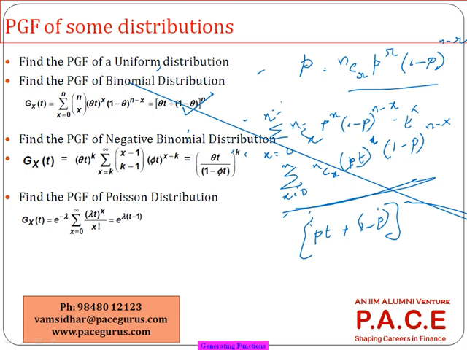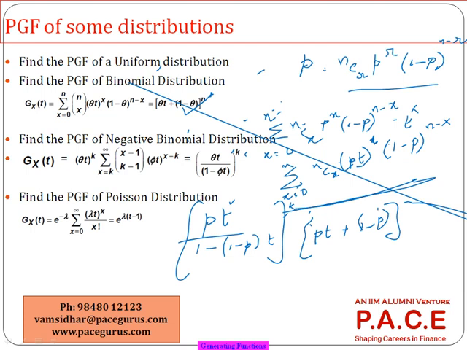The same thing with negative binomial. The derivation part is one thing, but from a general standpoint, these are all available in our tables. The PGF for a negative binomial distribution finally is, theta is nothing but p, so in our simple parlance it is (pt / (1 - (1 - p)t))^k.